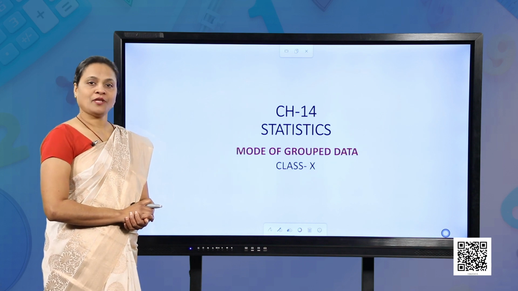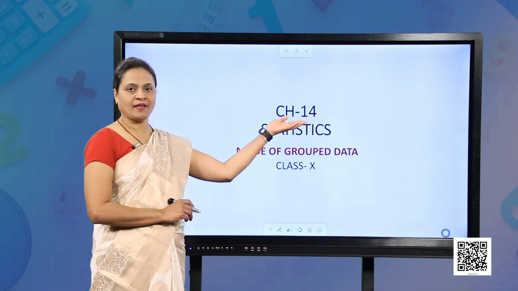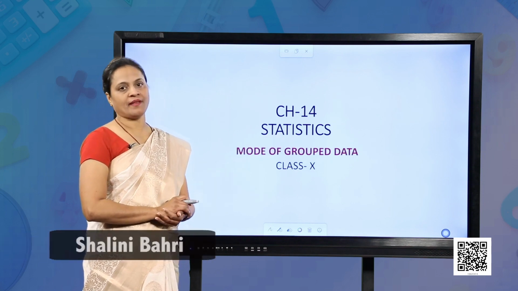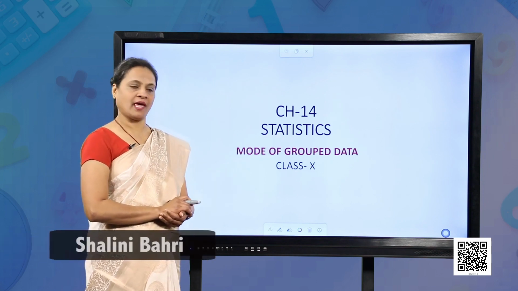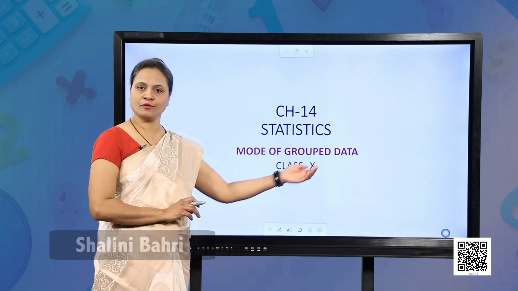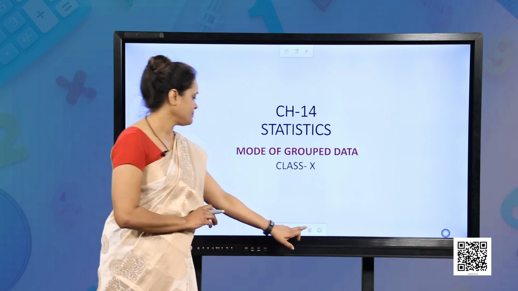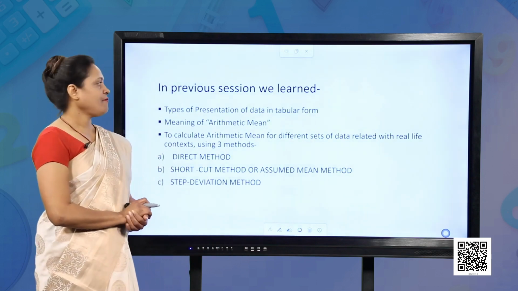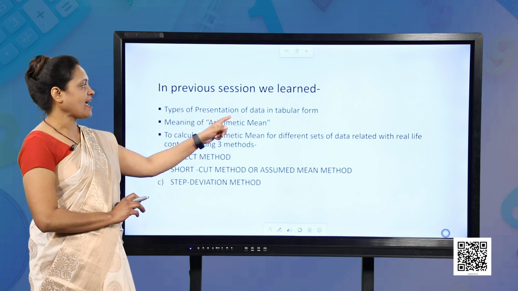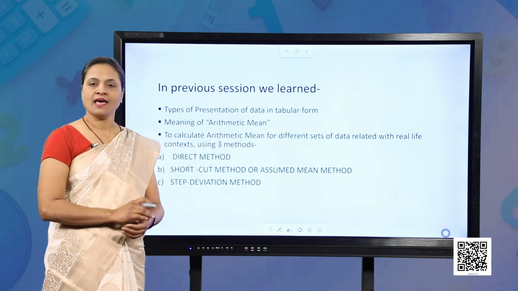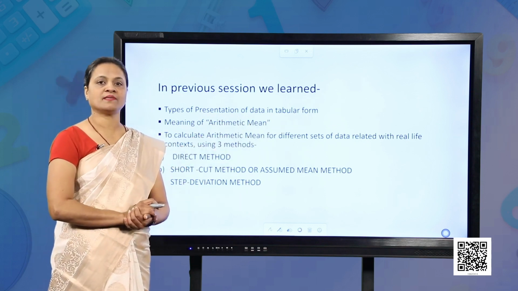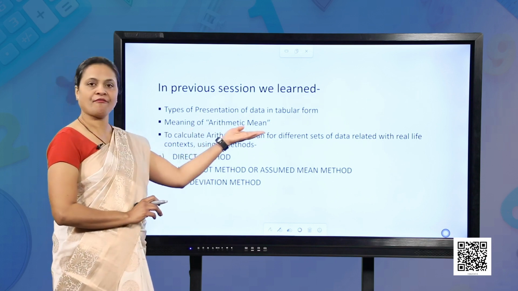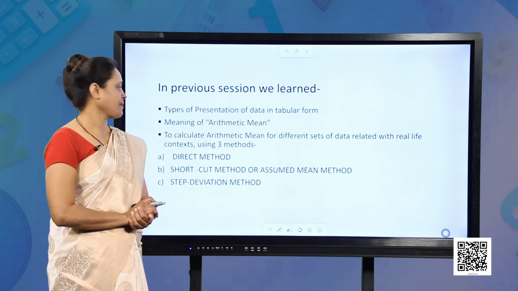Students, today we are going to do chapter 14, Statistics, and the topic we will discuss today is mode of grouped data. In our previous session, we discussed the types of presentation of data in different tabular forms, and we also discussed the meaning of arithmetic mean.